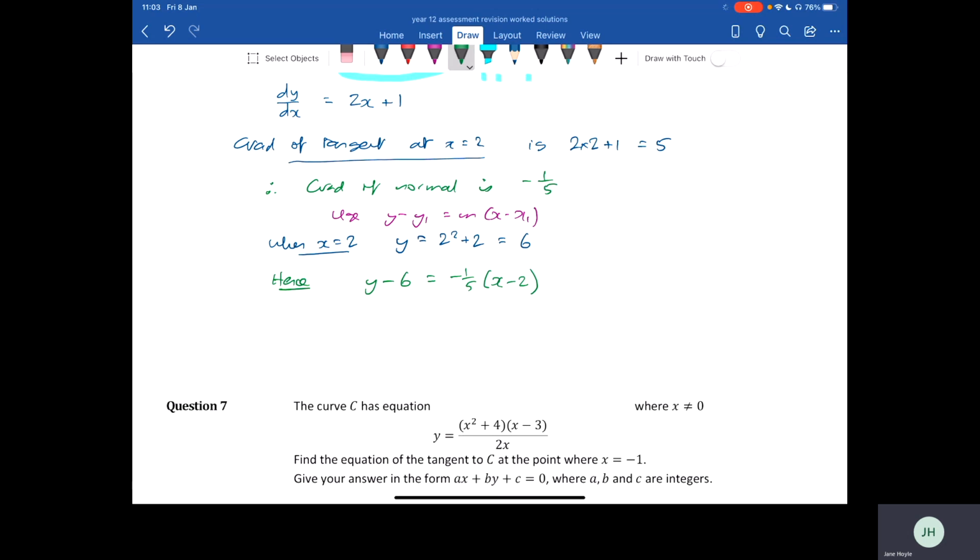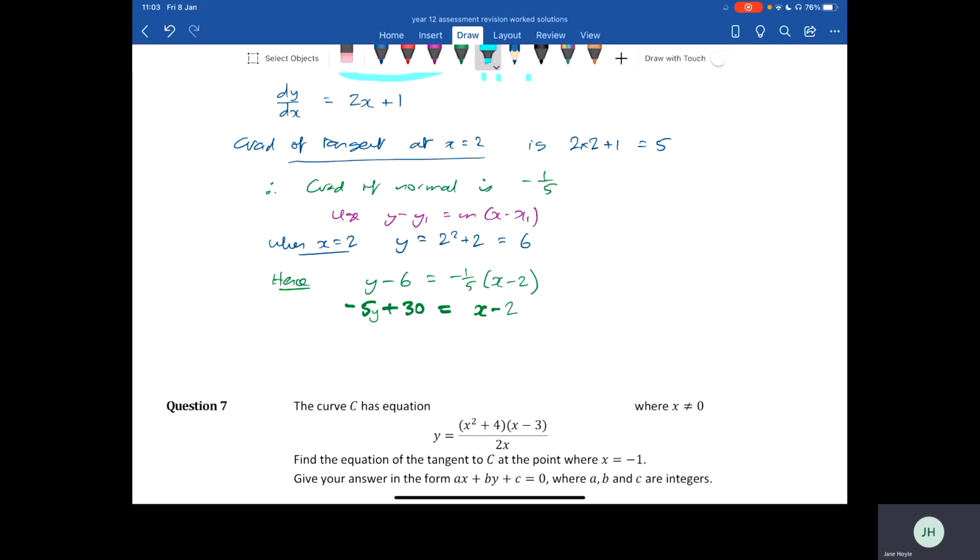Rather than expanding the brackets, if I multiply by negative 5 first, that gets me rid of that negative 1/5, and I've just got an x minus 2 there. I've written minus 5, of course, I've missed off a y.